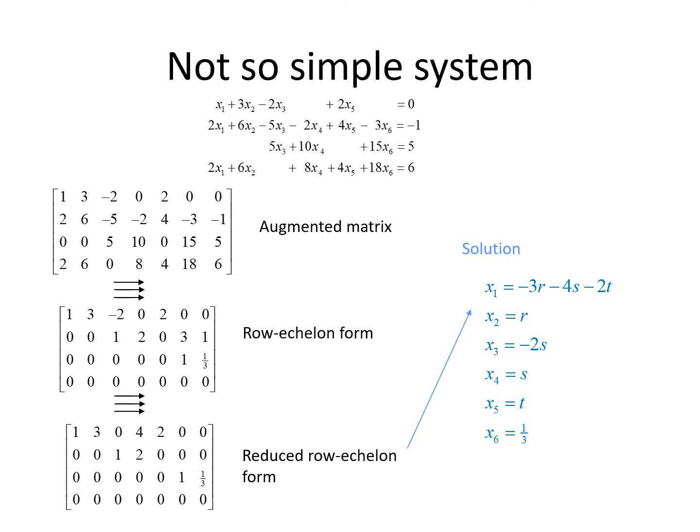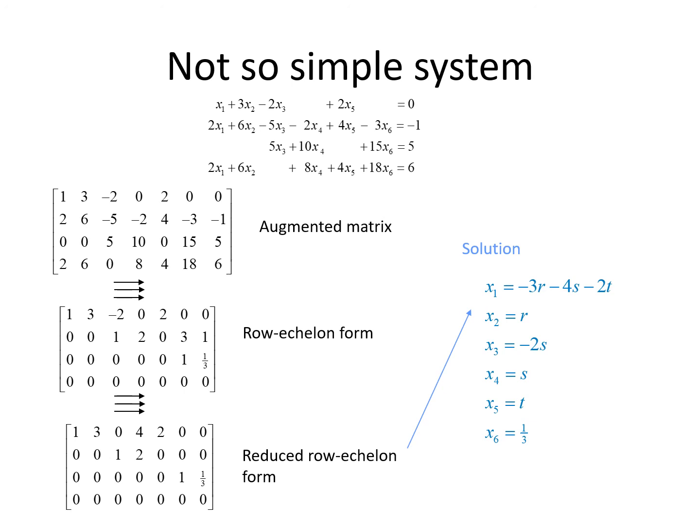If you write the augmented matrix or reduced echelon form in matrix form, we obtain the answer: x1 equals minus 3r minus 4s minus 2t, x2 equals r, x3 equals minus 2s, x4 equals s, x5 equals t, and x6 equals 1 upon 3.